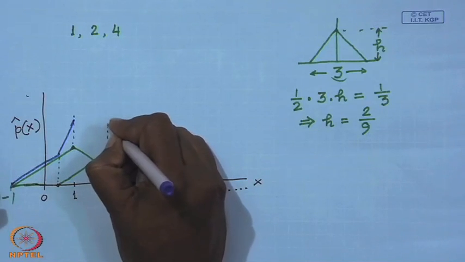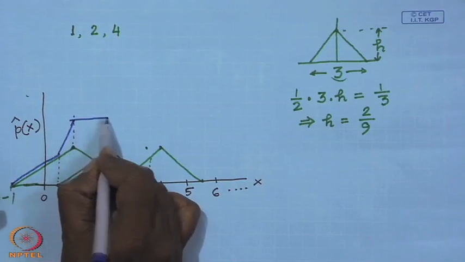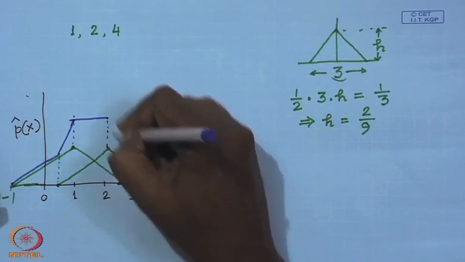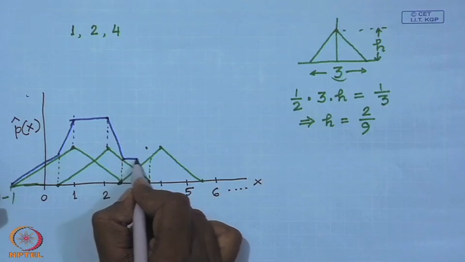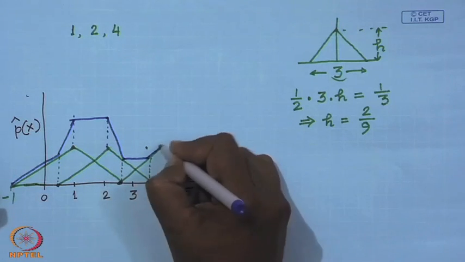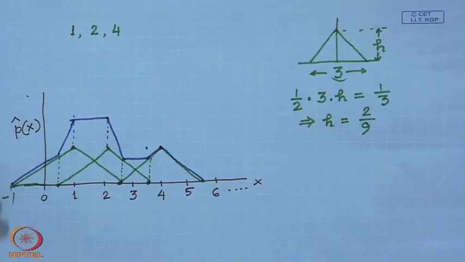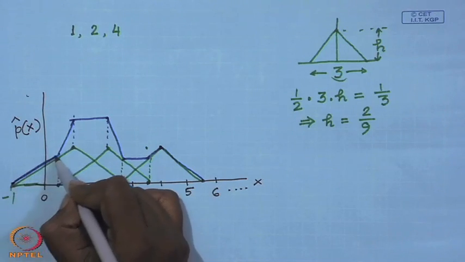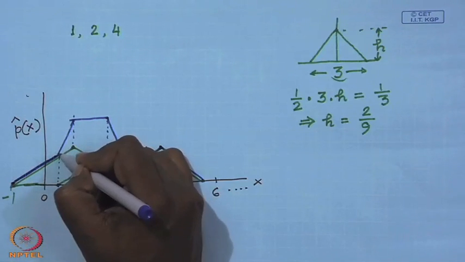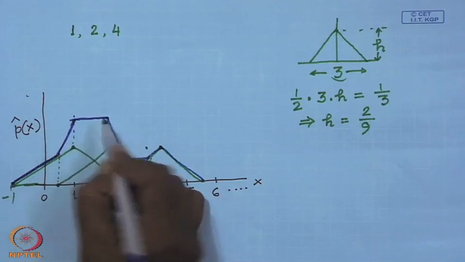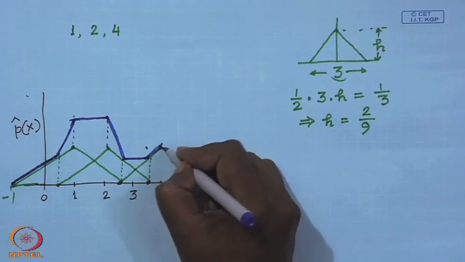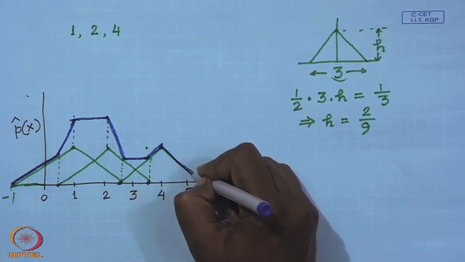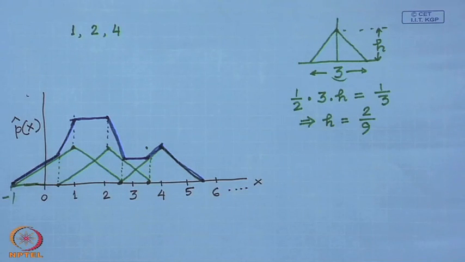From here to here, it will be constant. Again, from here to here, it will be like this. Then again it will be constant. Then it will follow a single window like this. So, my final probability density estimate is given by the superimposed curve, which is shown in this blue line. This is the final probability density estimate.